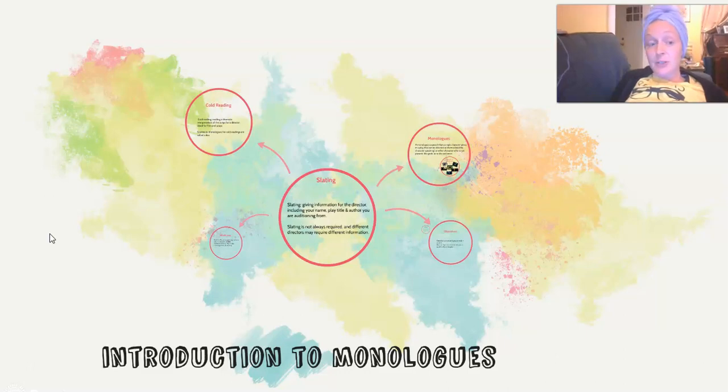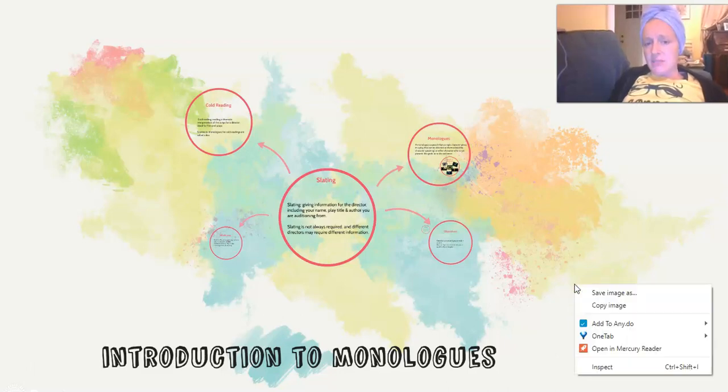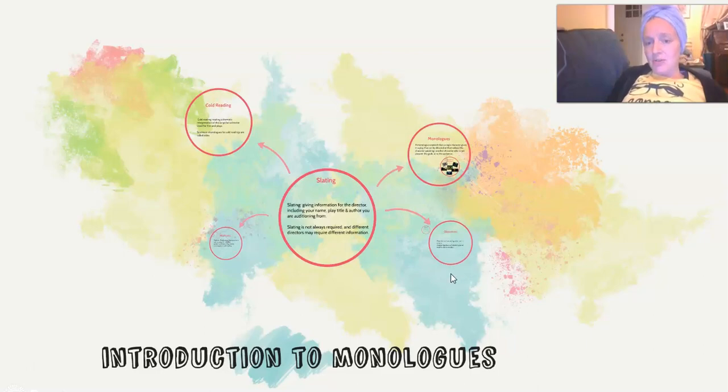Monologues are also really good for auditions. So when you're trying out for a part, you often are going to be asked to recite a monologue or to present a monologue, and you want to be really skilled in doing that because it's how you're judged in terms of your acting abilities. So let's talk about what monologues are all about.